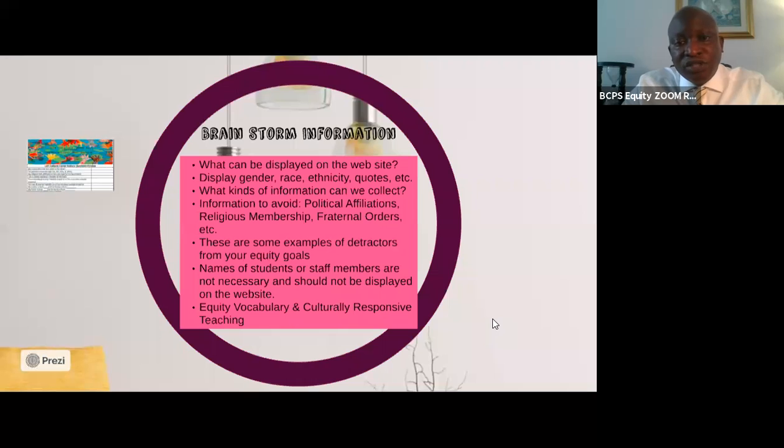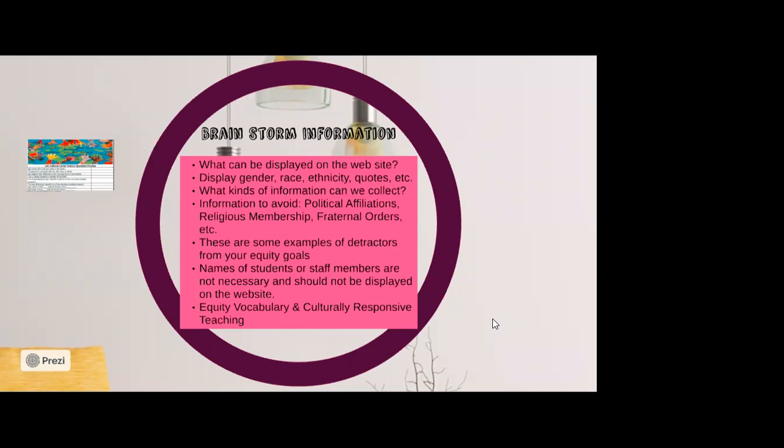All right. These are some examples of detractors from the equity goals. Because if you start talking politics, now people kind of get away from what the website is really intended to do, and that's to celebrate the differences and not to get into a lot of discussion about things that detract from that.